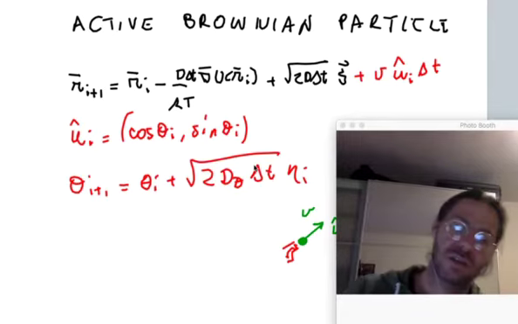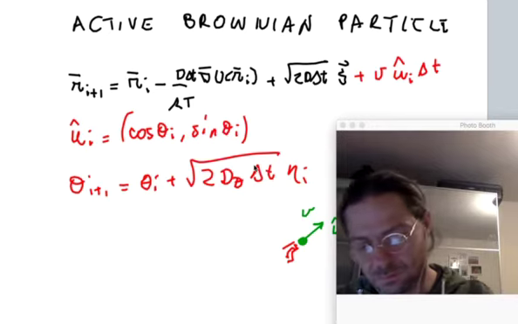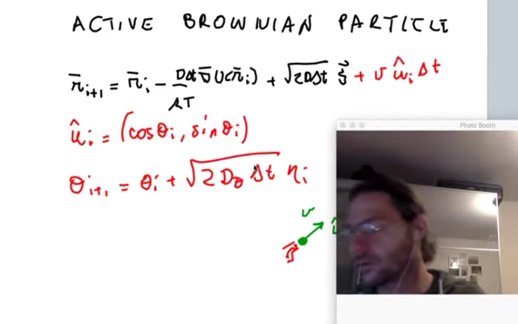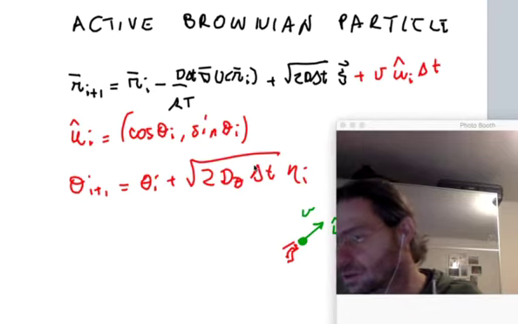So there's an intrinsic persistence that depends on the typical size of the rotation diffusion constant.